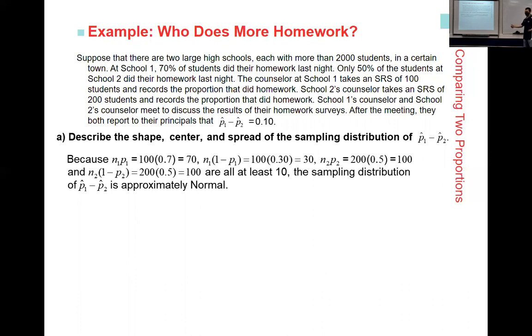So that's what we're going to use for our N times P and our N times 1 minus P at school 2. But we are checking it for both schools. For both P1 and P2, we are checking N times P and N times 1 minus P for our normal condition.